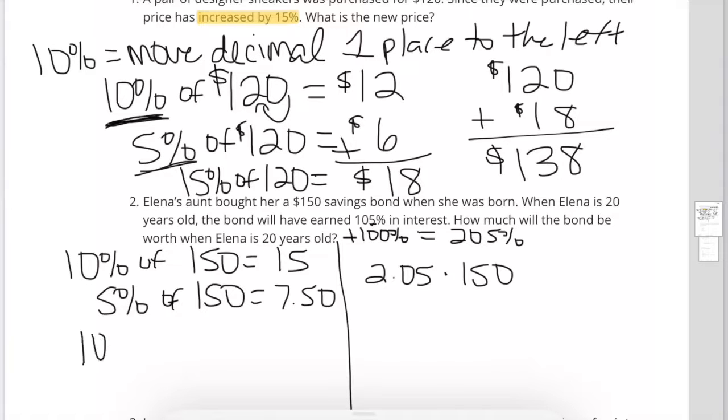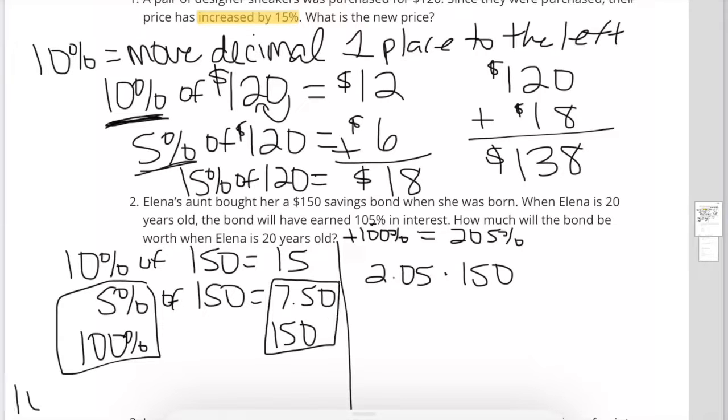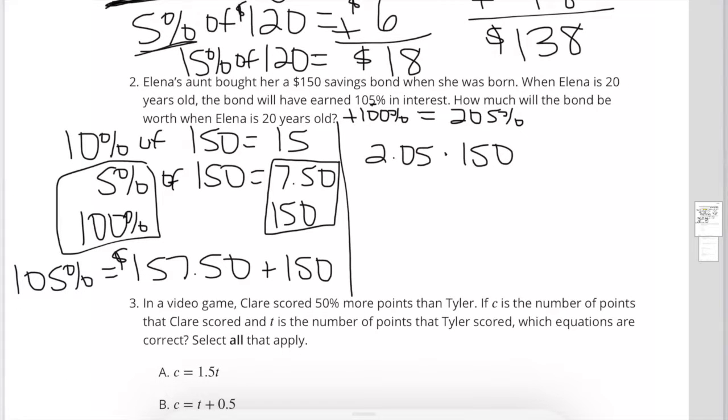And I know 100% is $150. And then I have my original amount. So this right here is my 105%. So 105% is $157.50. But then we know she started out with $150 as well. So we'd have to add that, which would give us $307.50.